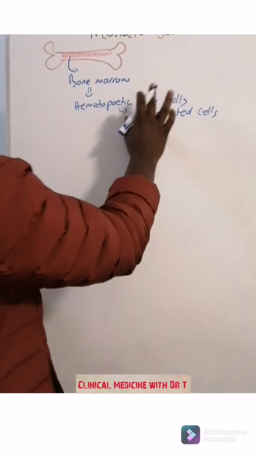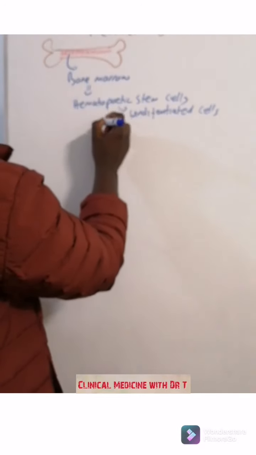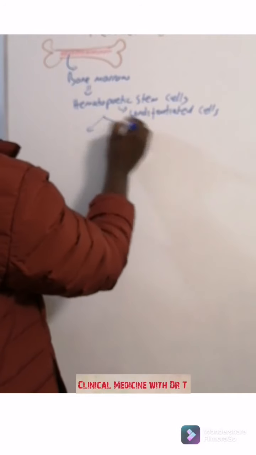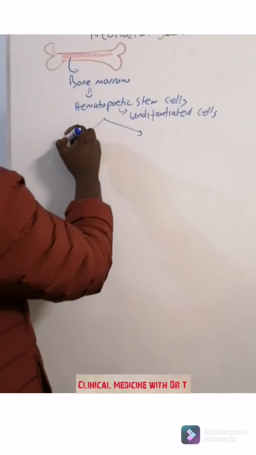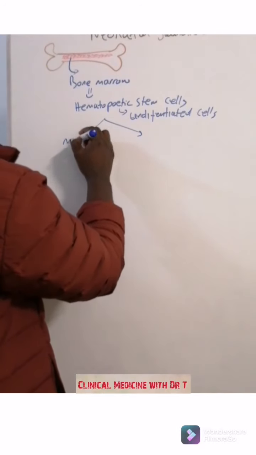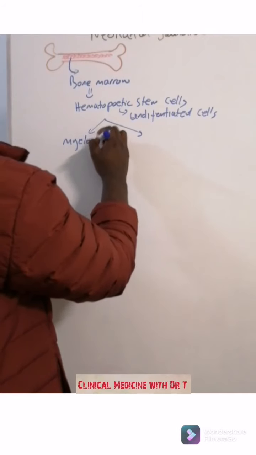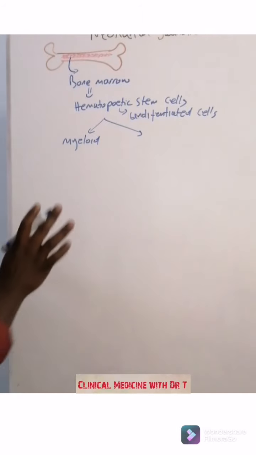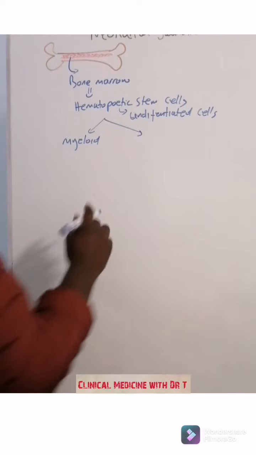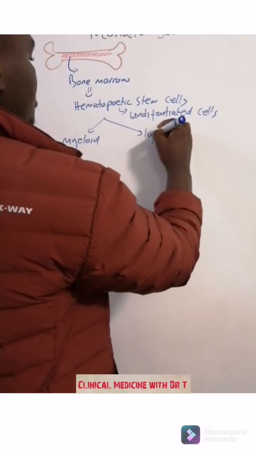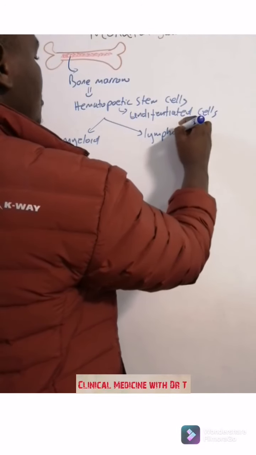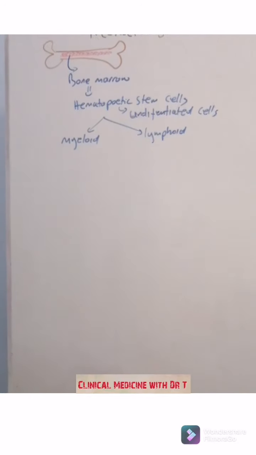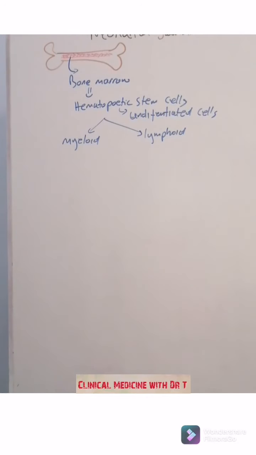So hematopoietic stem cells can take two routes. They can take the myeloid route, becoming myeloid progenitor cells, or the lymphoid route, becoming lymphoid progenitor cells.